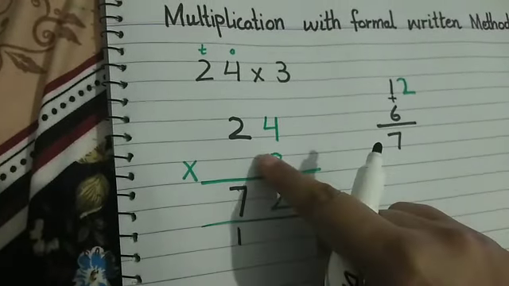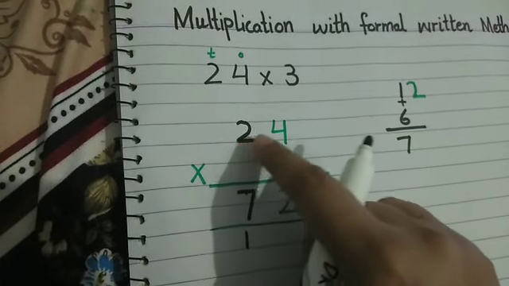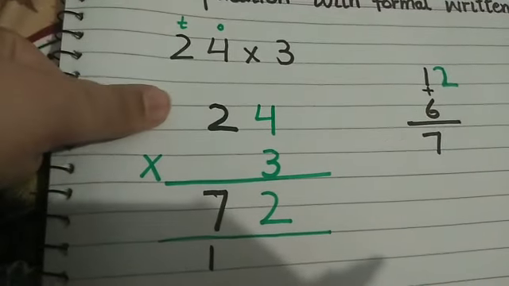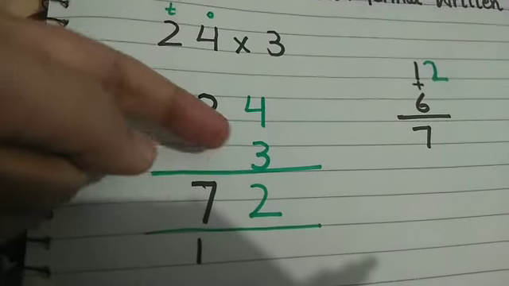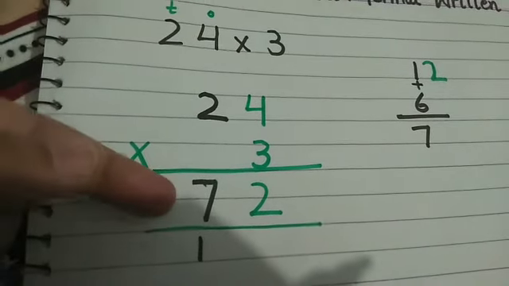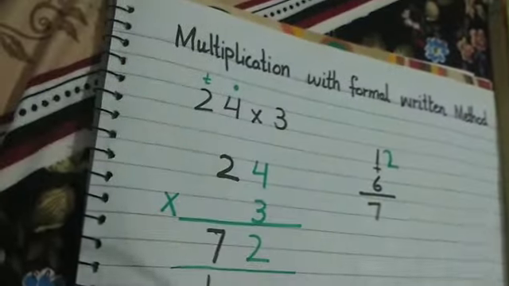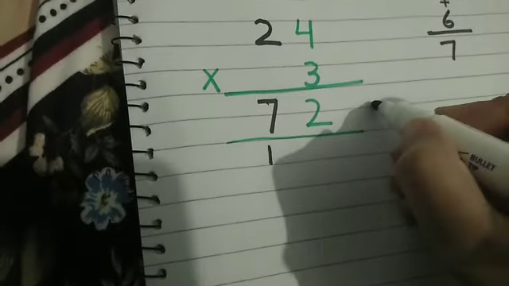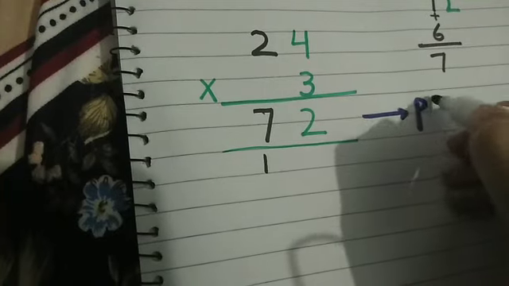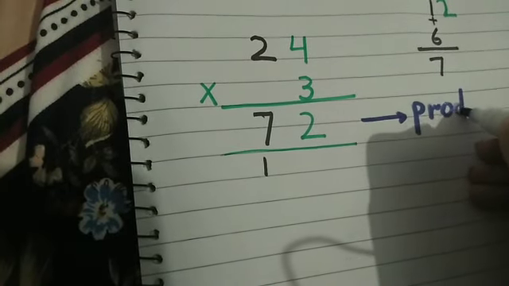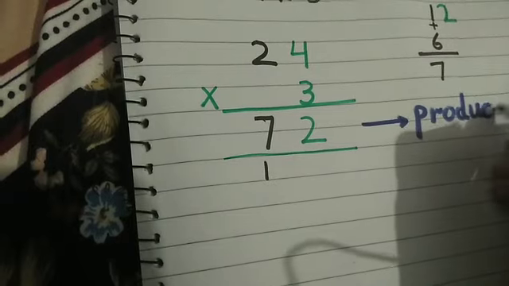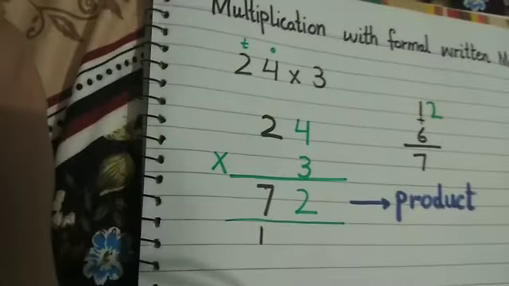Okay, so these two are called factors. This is also called a factor. We can read it this way, 24 times 3. When we do 24 times 3, we get the product 72. This is called the product. What do we call it? Product. This 72 we will call the product.